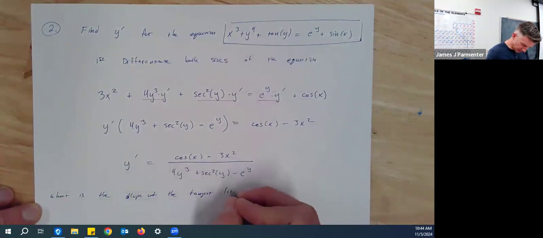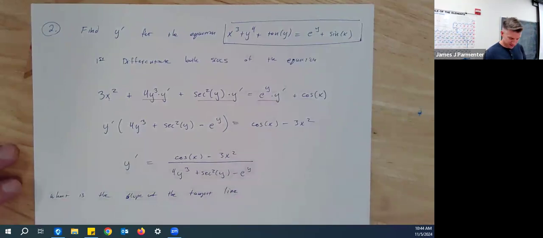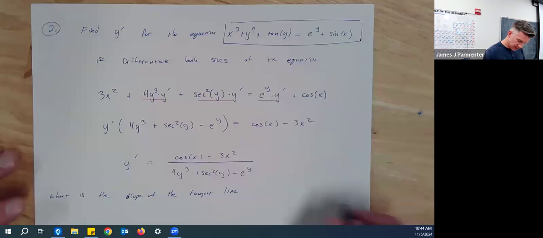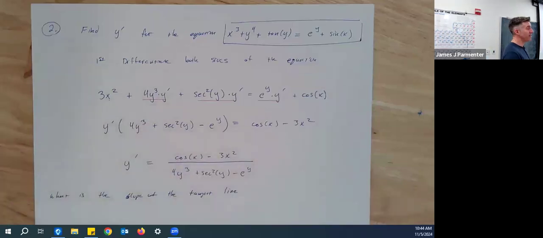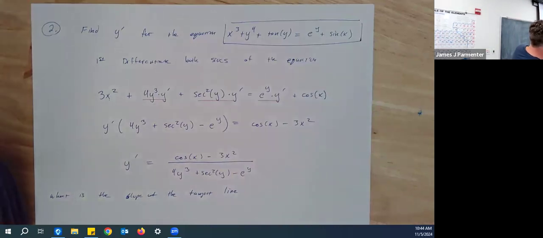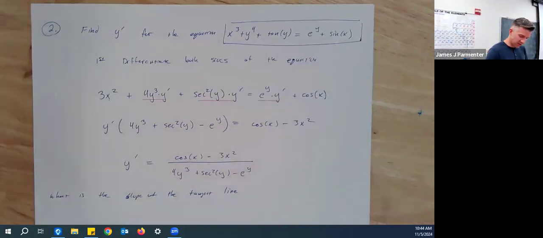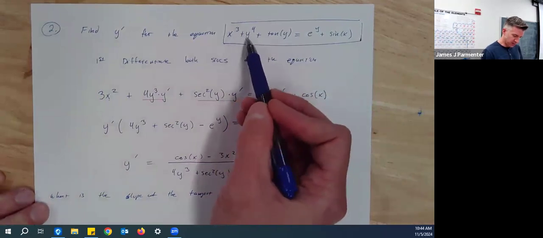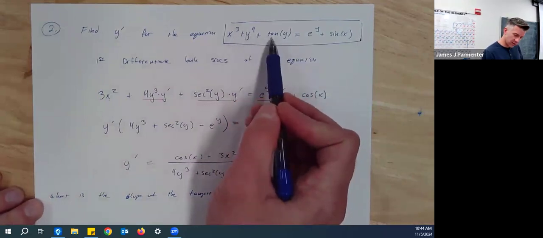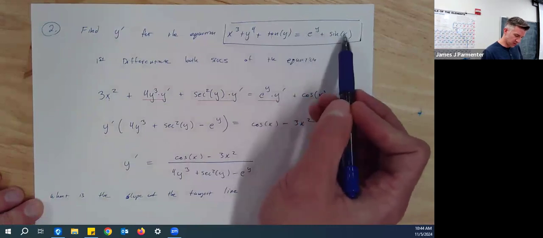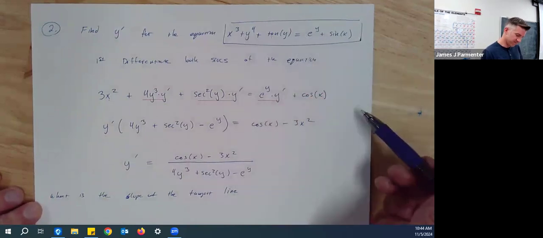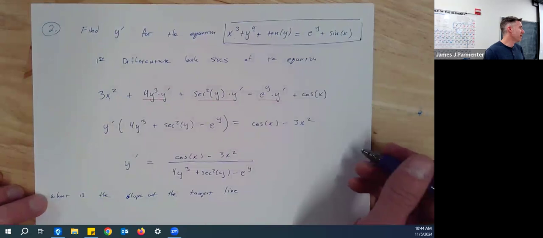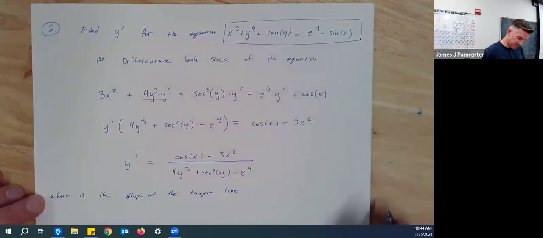I thought I had something that was going to work, but it's not. Here's the issue. It's hard to find a point that's actually on this graph. The only one I can think of is the point 0, 0, because if x is 0 and y is 0, you get 0 plus tangent of 0 is 0. Nope, that doesn't work either, because e to the 0 is 1 and sine of 0 is 0. It's not a good point.